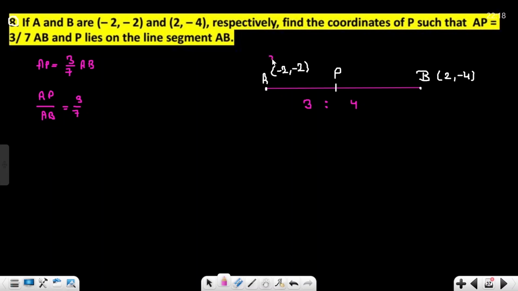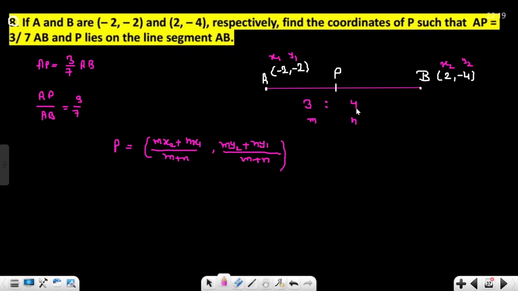Now x1, y1, x2, y2, m and n. For the P coordinate, apply the formula (m x2 + n x1) divided by (m + n), and here (m y2 + n y1) divided by (m + n). The m value is 3, n value is 4, x2 value is 2, x1 value is -2, y2 value is -4 and y1 value is -2.